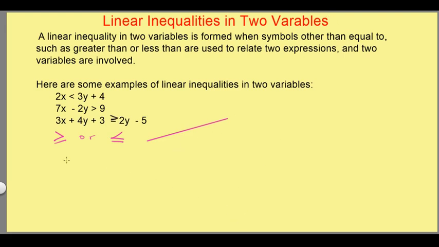But when we have greater than or less than, the kind of line we use to represent this is always a broken line.